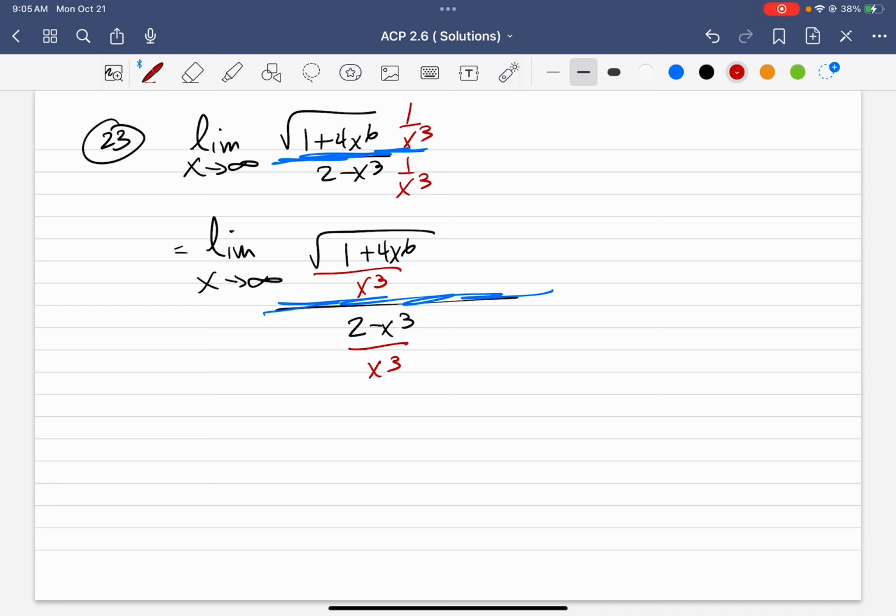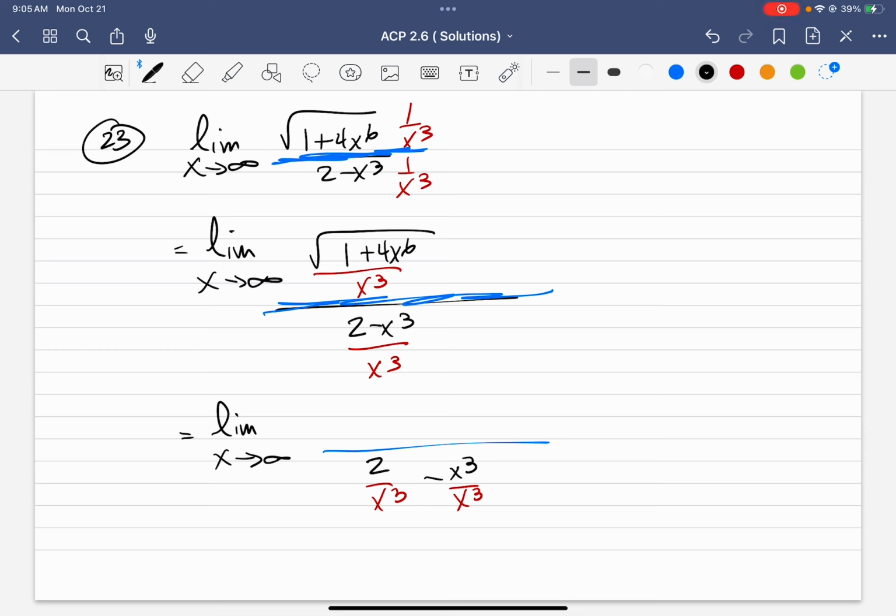So the bottom ends up being 2 over x cubed, and this is x cubed over x cubed.